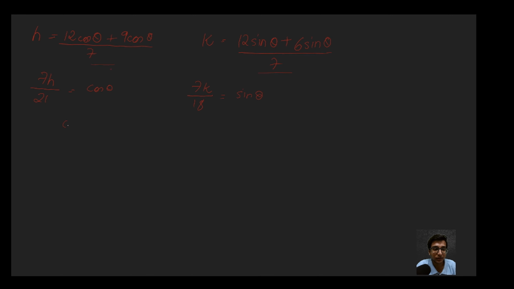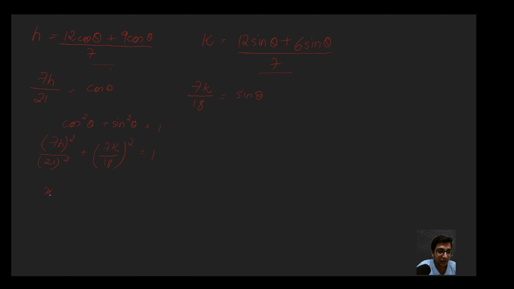So let us use the trigonometry concept, cos square theta plus sin square theta is equal to 1. So we can write this down as (7h) whole square upon 21 whole square plus (7k by 18) whole square is equal to 1. So we can replace h and k by x and y, and since we know that this is transforming into the equation of an ellipse, let us try to bring each and every coefficient of x and y into the denominator.